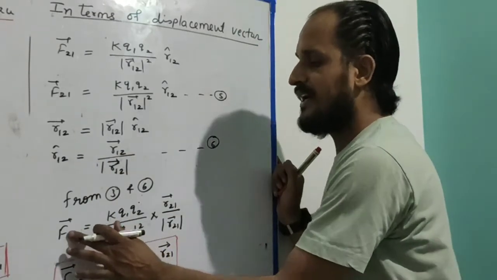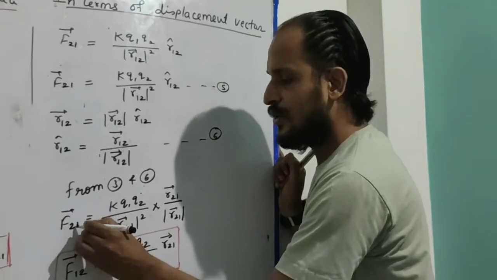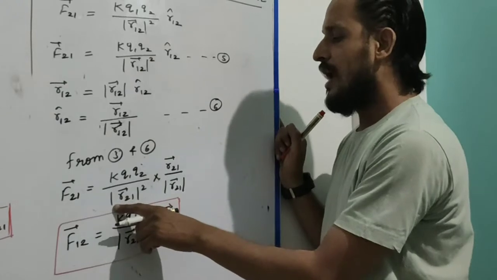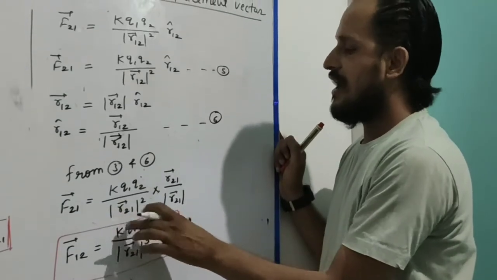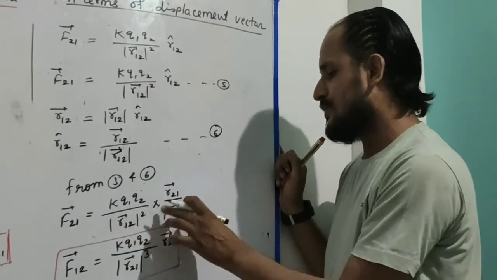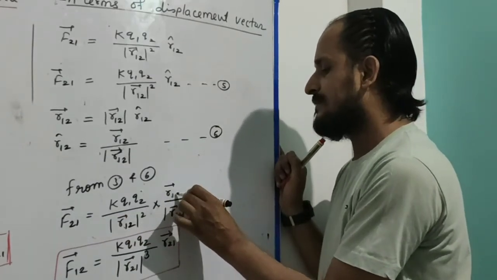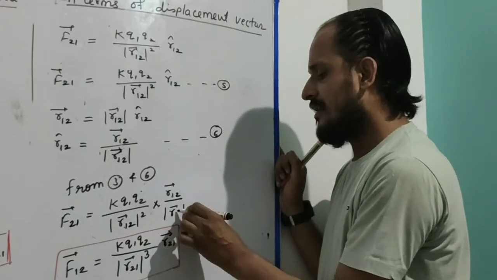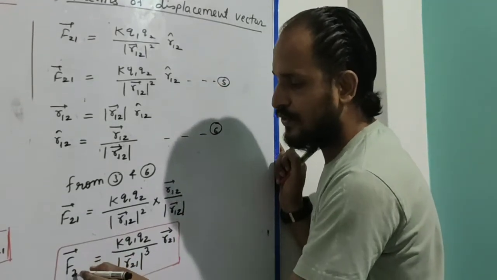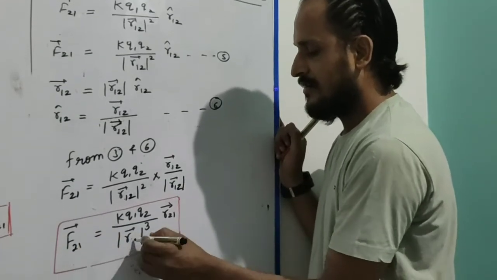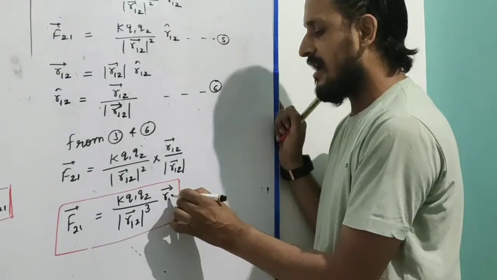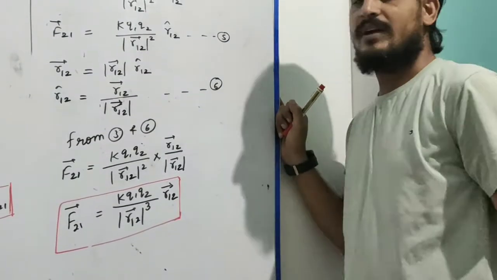So finally it becomes F21 vector is equal to k q1 q2 upon r12 magnitude cube, r12 displacement vector.